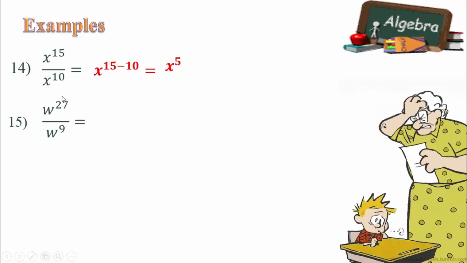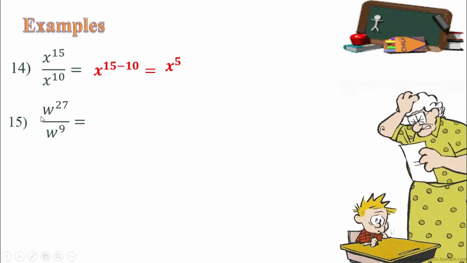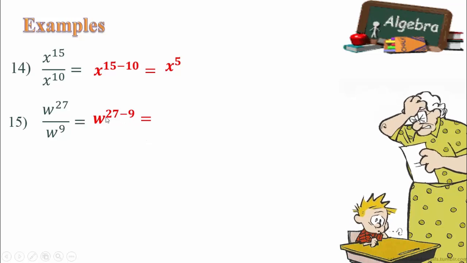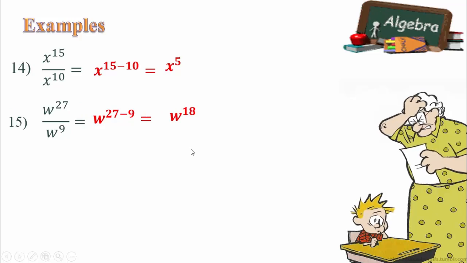In example number 15, we have w to the 27th over w to the 9th. So we just subtract the exponents, 27 minus 9, to get w to the 18th.